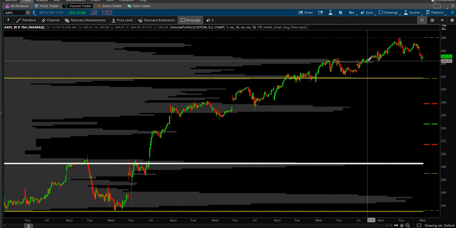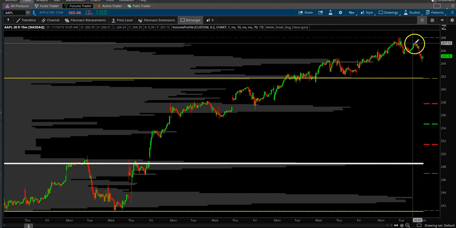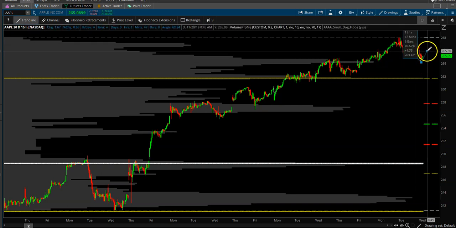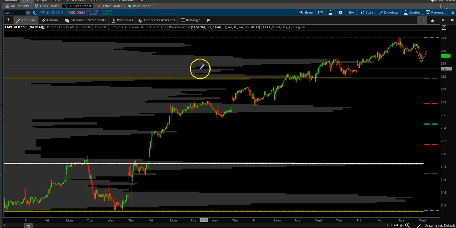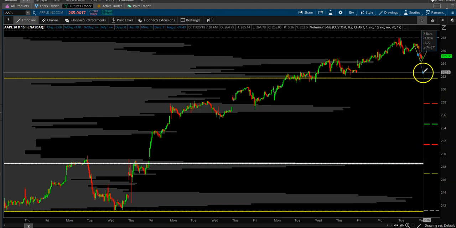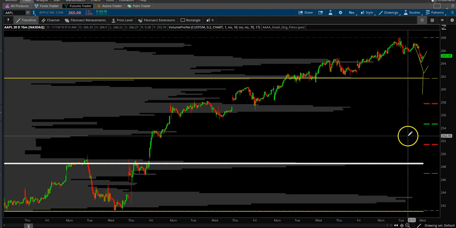High volume nodes can act as a support level, meaning you fall, touch it, and then buyers step in. With low volume nodes, you'll either see price come to one and bounce or blow right through. That's usually a crapshoot.